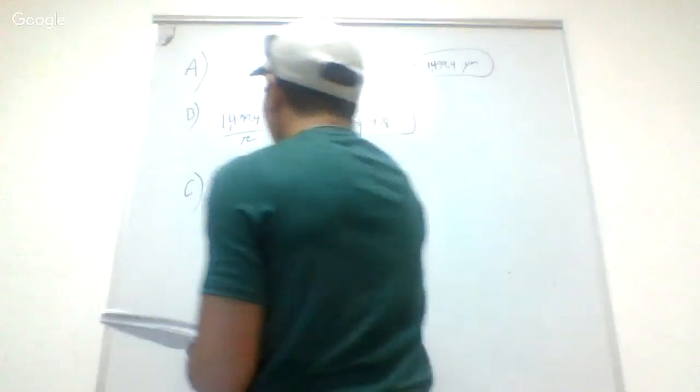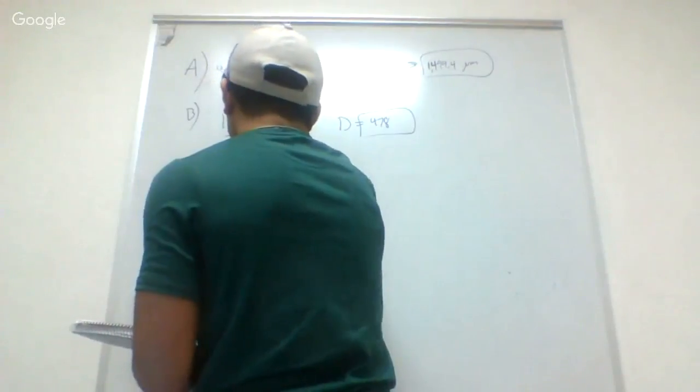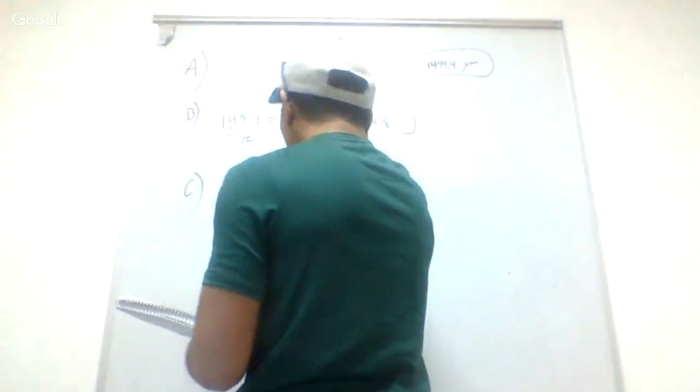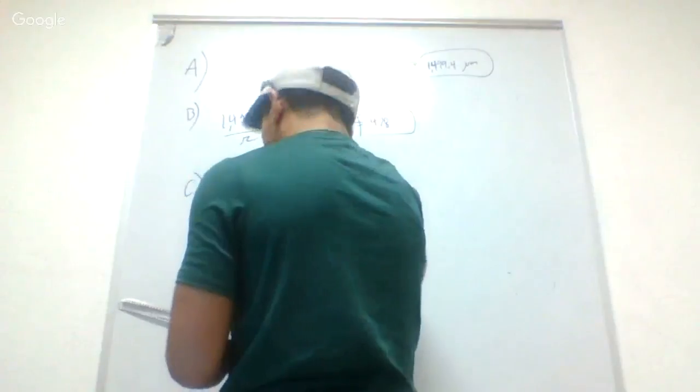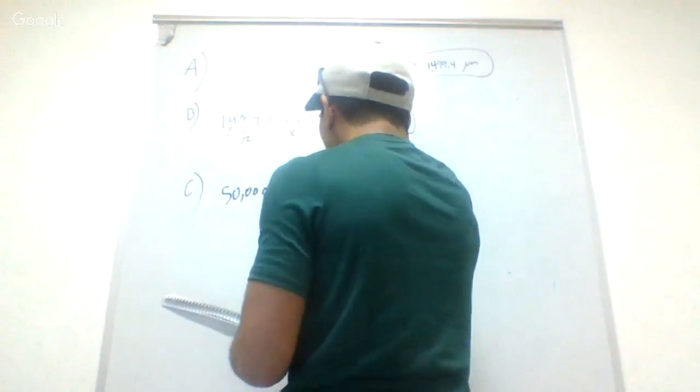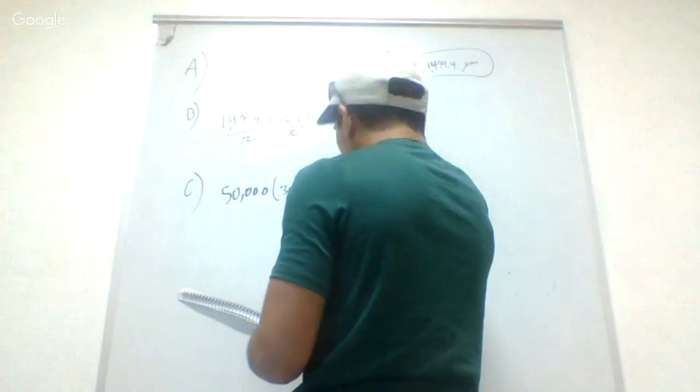So we take the 50,000, and then again we multiply it by the 0.34, which will give us 17,000 nanometers.